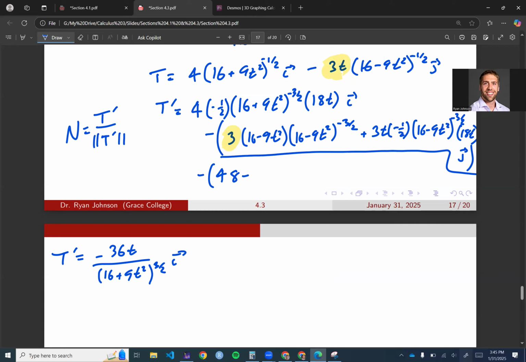So 3 times 16 is 48. 3 times 9 is negative, so negative 27t squared. And then over here, I've got 18t times negative 1/2, which is negative 9. So then I've got another, wait a second. Oh, that's a negative 18.